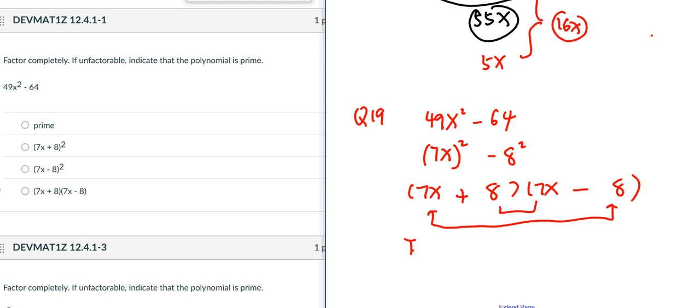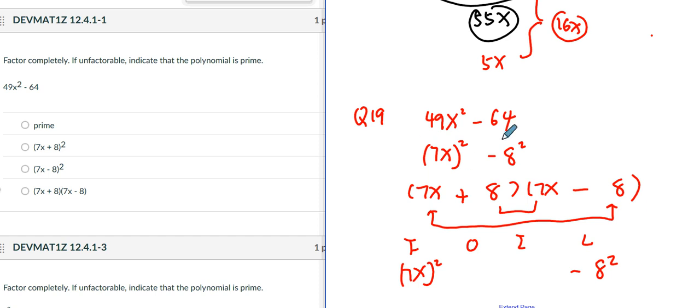For your FOIL method, 7 times 7, 49x squared. That's the product, 8 times 8, 8 squared. Negative, positive, so negative. Inner and outer again will be cancelled. So this is the thing we got to remember.